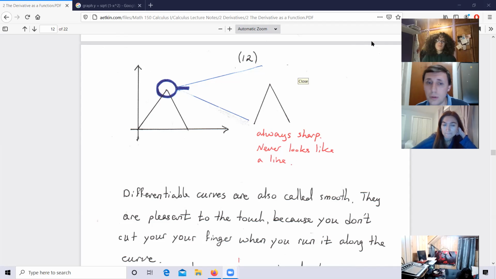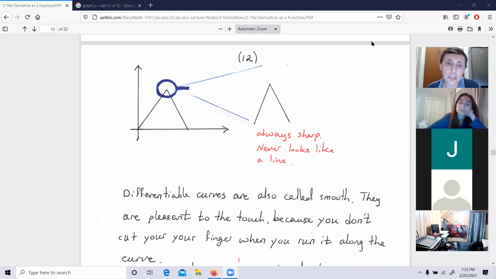I will show you a graph like that in a moment with a computer, but those things are a bit abstract. Zoom in, it's always going to be a wedge. It's going to remain sharp. You have to see only one line over the entire screen if you zoom in at that point in the middle of your screen.